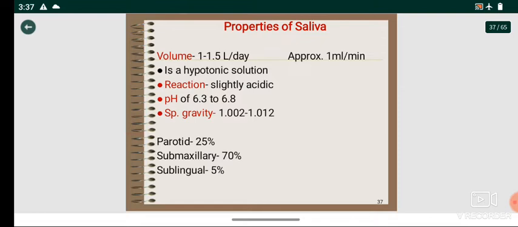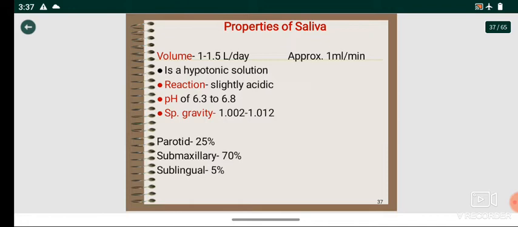Like here in saliva, the enzyme ptyalin is present, which can function only in a slightly acidic medium. So that pH is the requirement for the enzymes to work on their substrate.